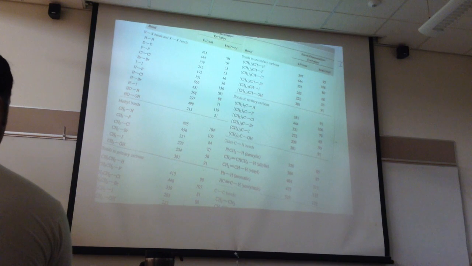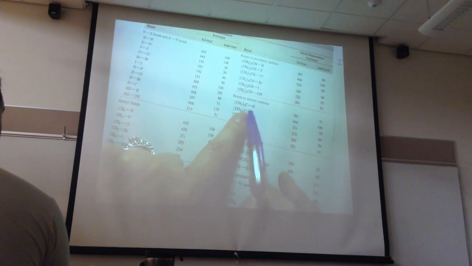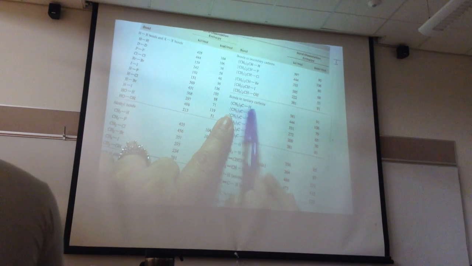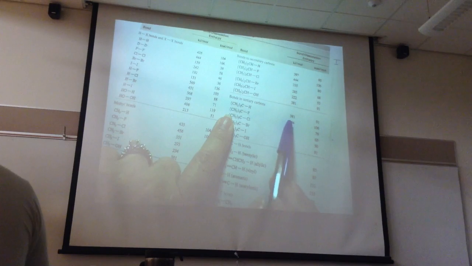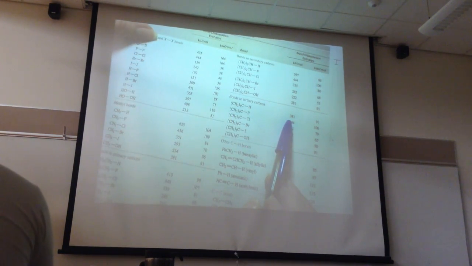Is everybody clear? So if the table doesn't look like this, don't jump off the bridge. But you're looking at breaking a tertiary bond like that. That's what you're looking to do. So that will be the number that you really are looking for in here.